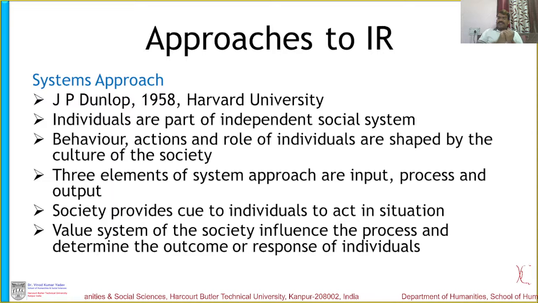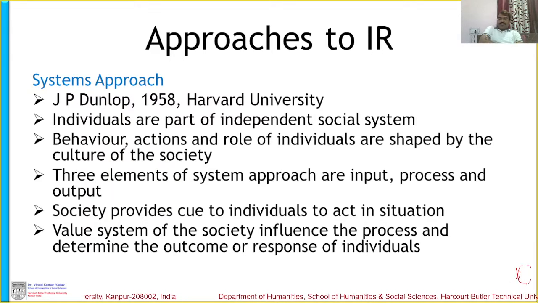Three elements of the system approach are input, process, and output. Obviously, when we talk about this, we talk about what kind of culture an individual is being given, and obviously the output. Society provides cues to individuals to act in a situation. That means input.